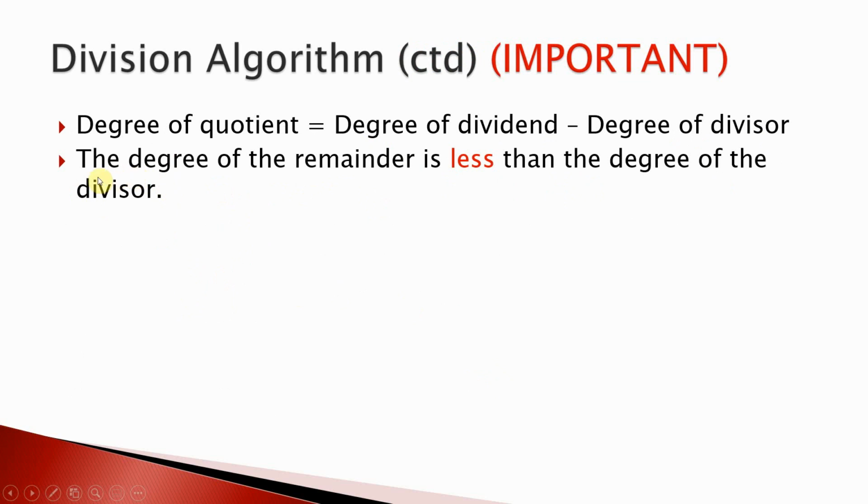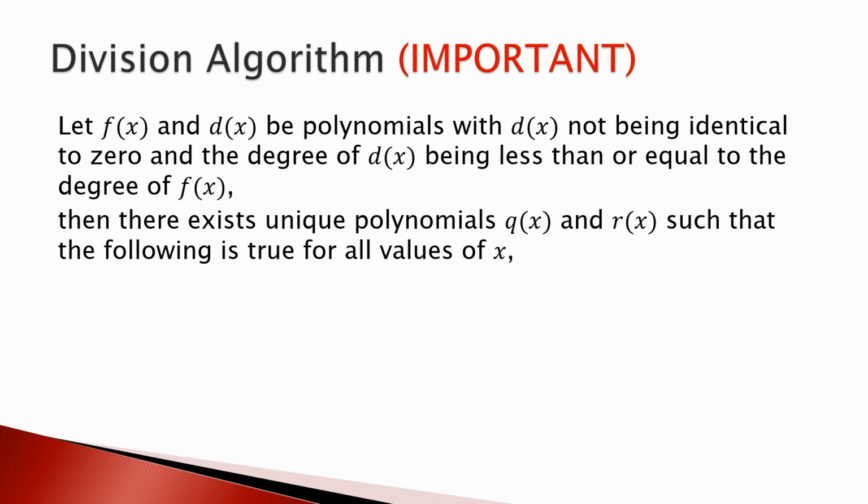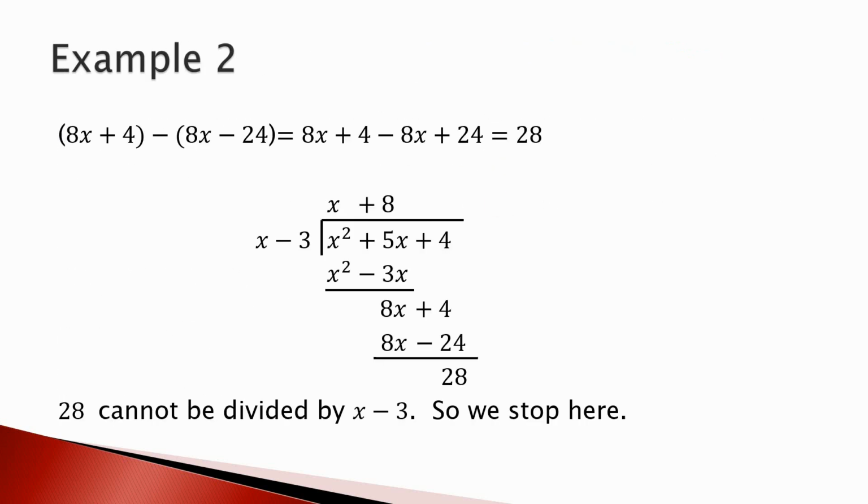So I said this earlier: the degree of the remainder is less than the degree of the divisor. Why is that? That is because we stop the process of dividing when we have something with less power than the divisor. For example, in this example, we stop when we got 28.